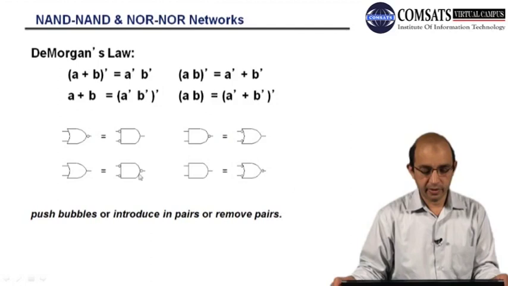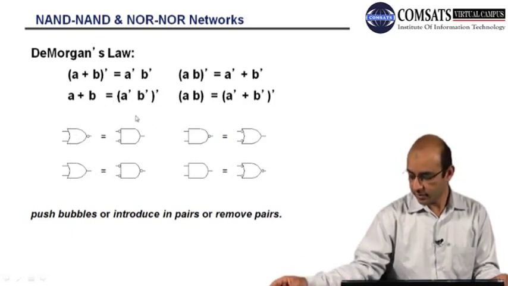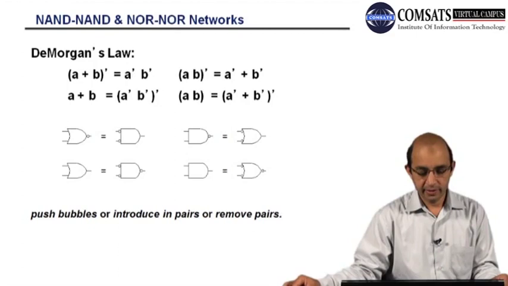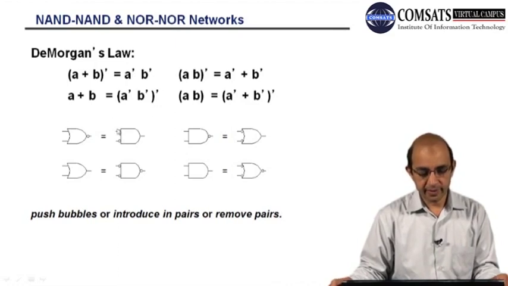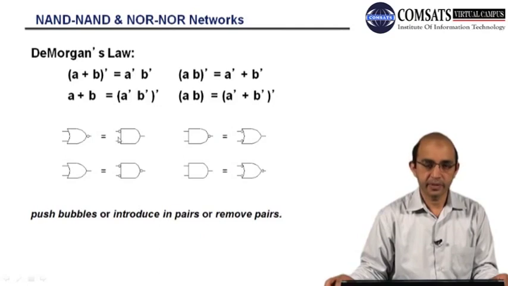So you can see that we have pushed bubbles in some of the gate symbols, right? So here you have seen that we can replace this with this AND gate but with inverted bubbles. So this is the famous DeMorgan's law, right?